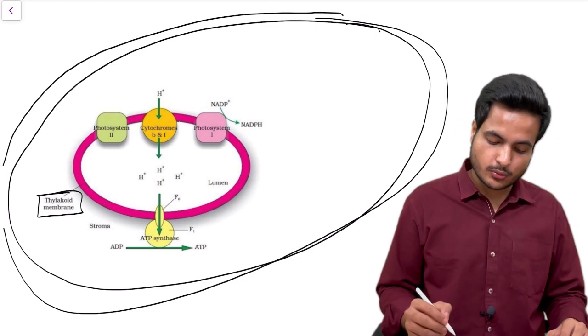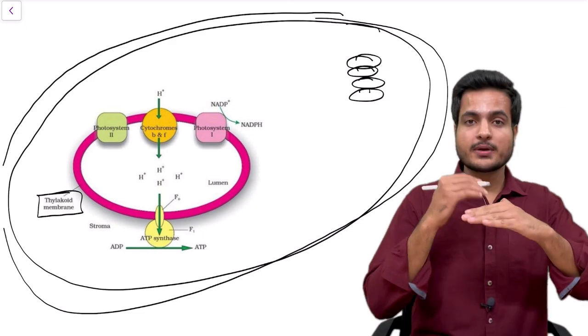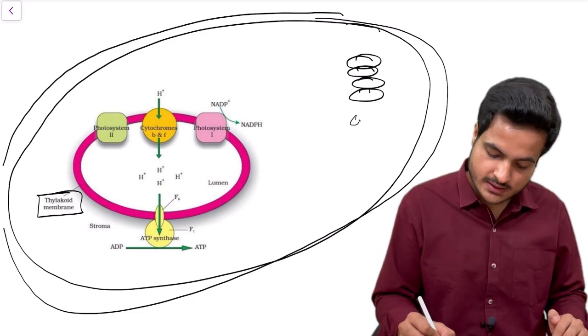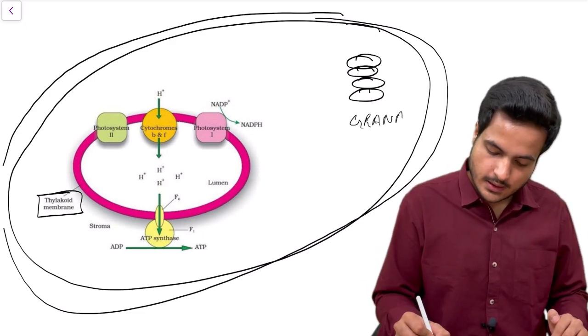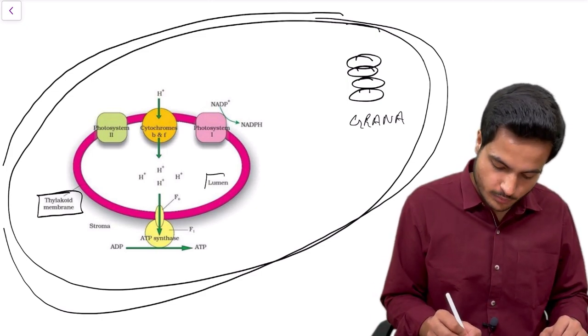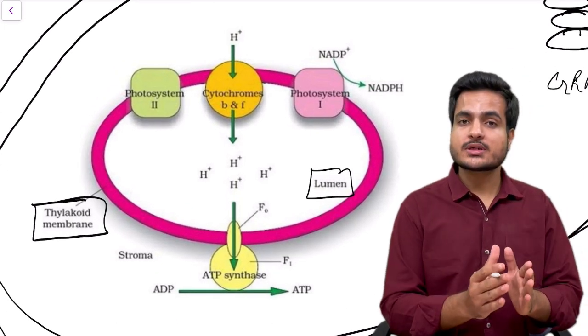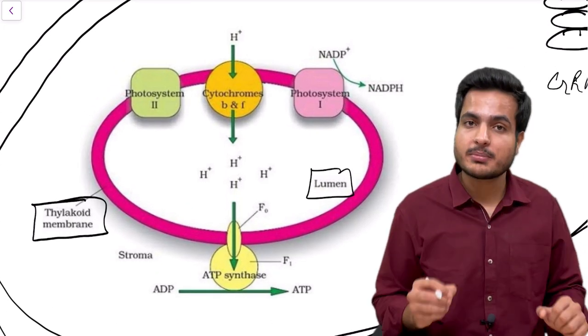Now inside this chloroplast, the thylakoid is present, and when more than one thylakoid stack over each other, they form a stack which is called grana. And right now we should focus on our thylakoid. Inside the thylakoid we have the lumen, and I told you that these photosystems are present on the thylakoid membrane.